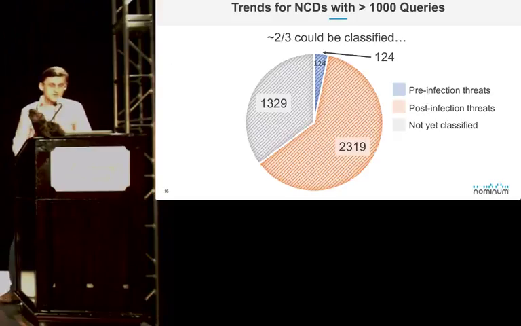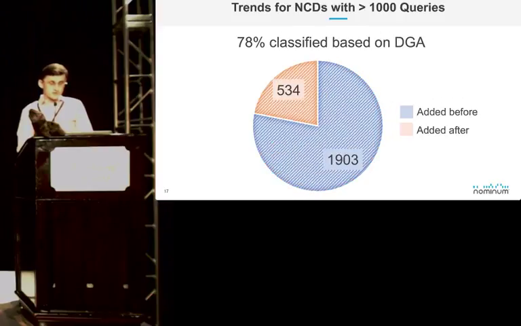So, a quick look at what we could classify. It turned out that when we looked at the popular core domains, two-thirds could be classified. Not only could, we actually classified them in our intelligence feeds. Most of them are post-infection because of the DGAs, and a small slice are pre-infection threats.